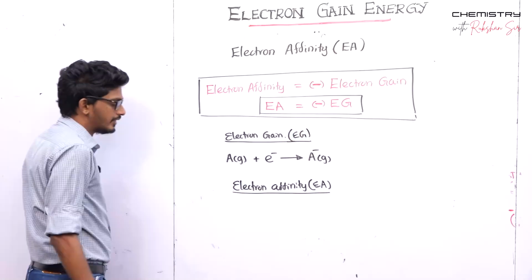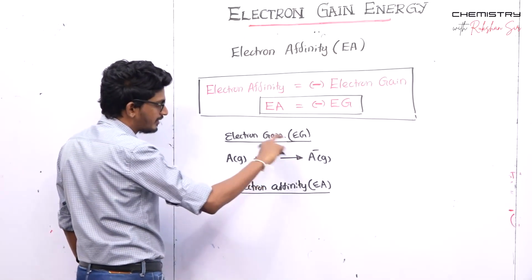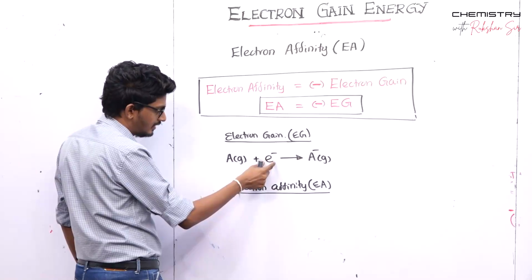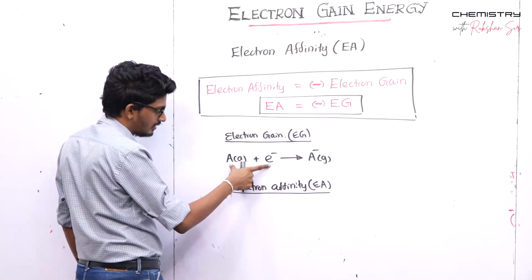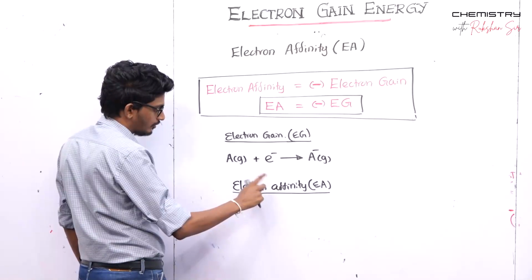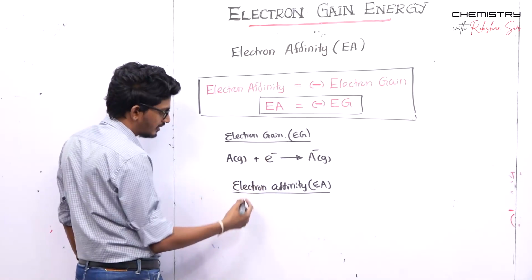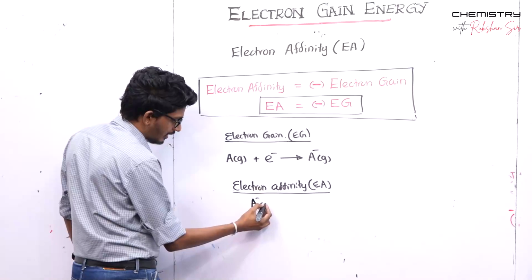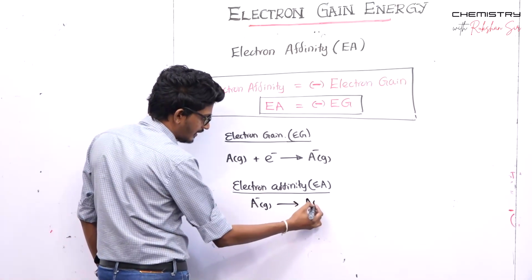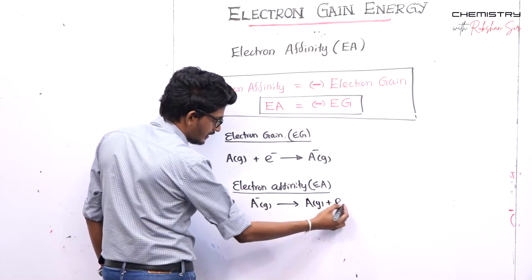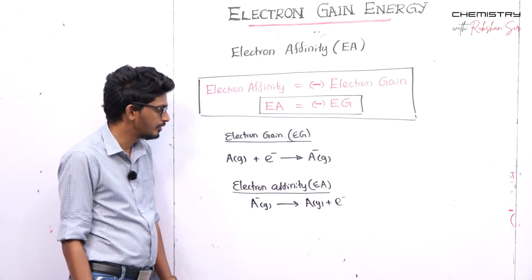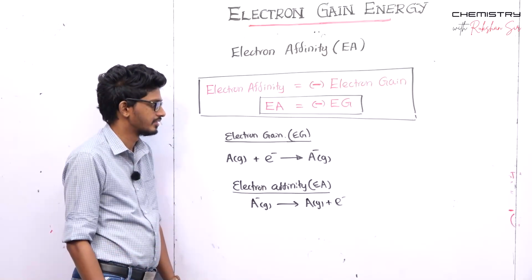What you should do is just write the opposite. That means here A gas and E minus on the reactant side produce A minus gas as the product. For the electron affinity, it is just the opposite. From the A minus gas, you will produce A gas and E minus. That is how we should write the electron affinity equations.